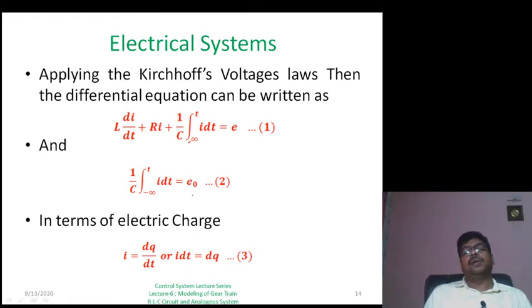And if we want to express this in terms of the charge, as we know, the current is the flow of charge per unit time. Very simple definition. So I equals dq by dt, or I dt equals dq. If we once again differentiate I with respect to t, di by dt equals d square q upon dt square.